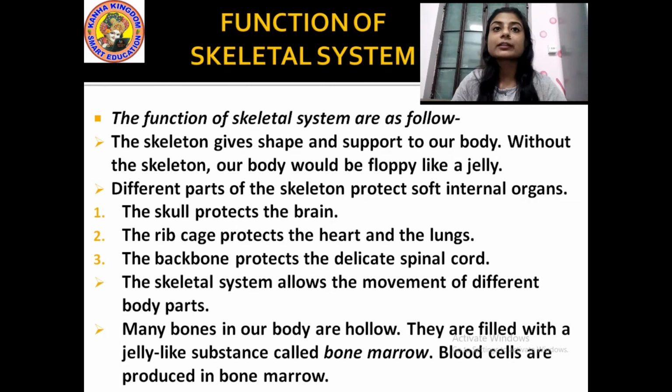The skeletal system allows the movement of different body parts, and many bones are hollow, filled with bone marrow. The blood cells in our body are produced in the bone with the help of this bone marrow.